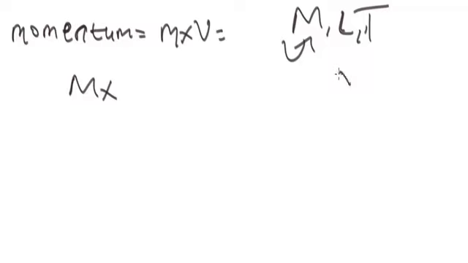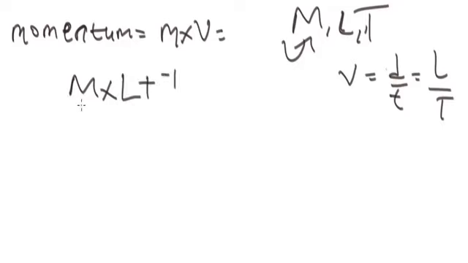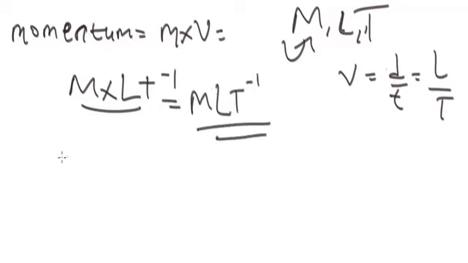Velocity equals displacement over time, which is length over time. So it will be mass times length per time. Bringing everything together, this is the dimension of momentum.